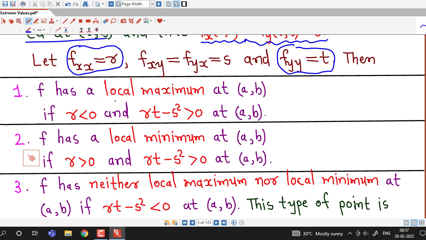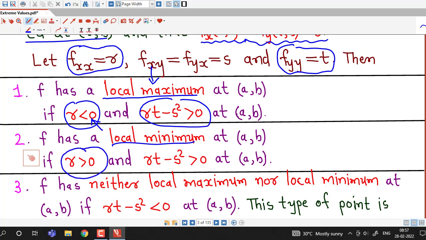Then f has a local maximum at point AB if r is negative and rt minus s square is positive at point AB. For local maximum, r must be negative. For local minimum, r must be positive.